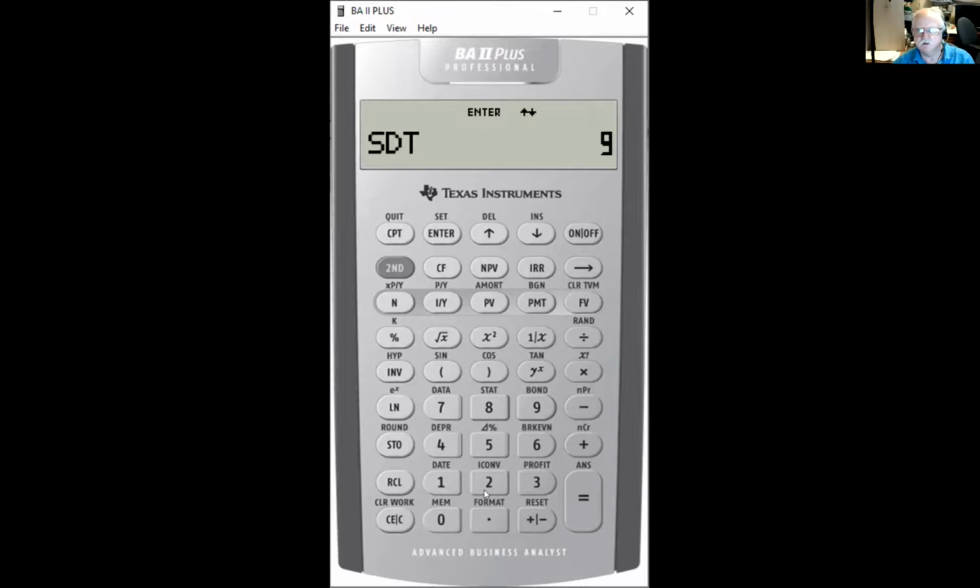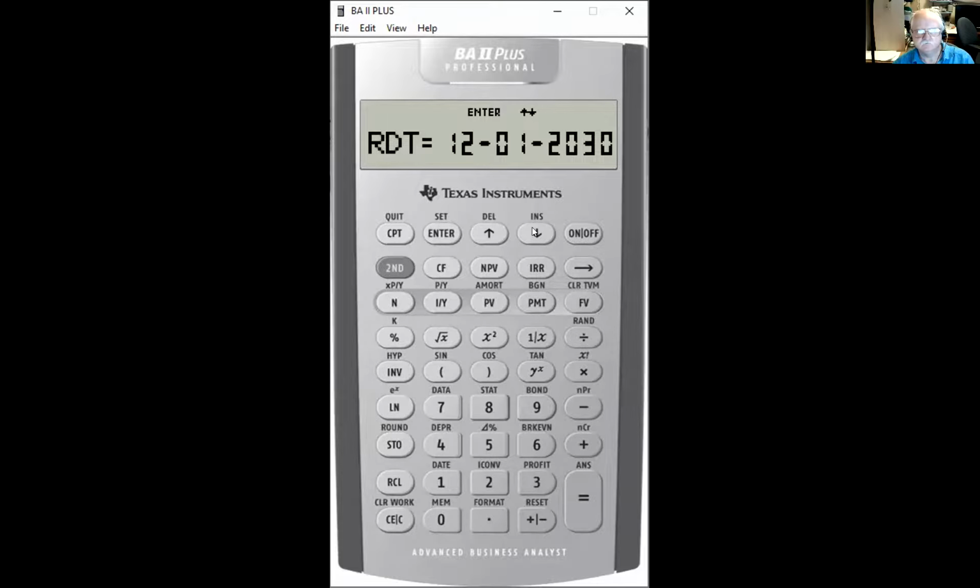So 9.2221. Enter down. The rate on this bond is 8%, I hope. Percent.